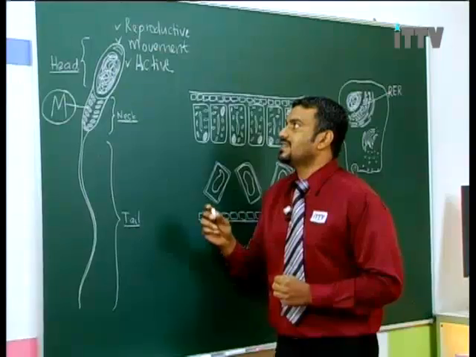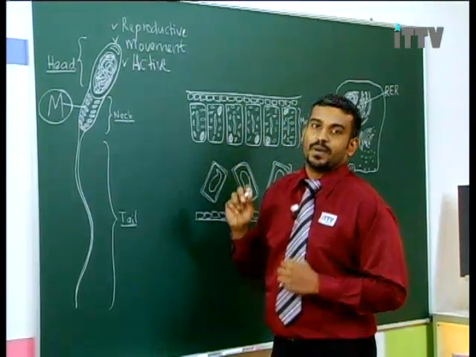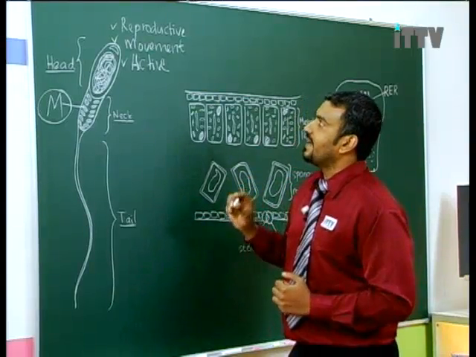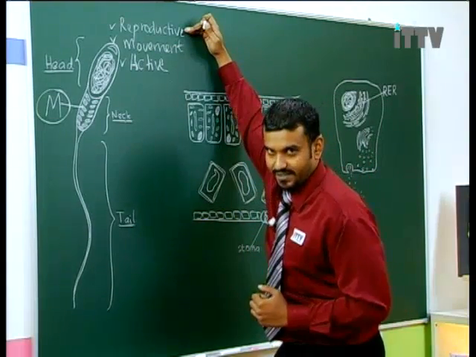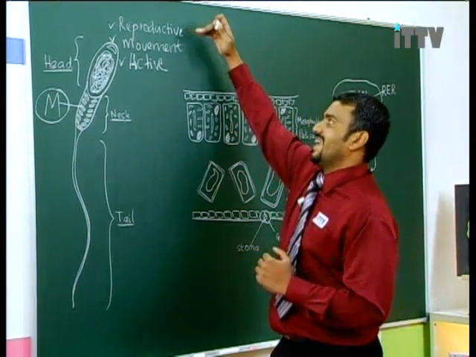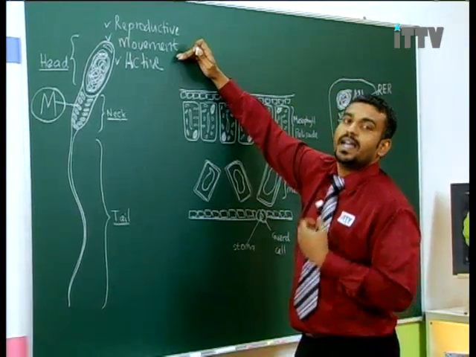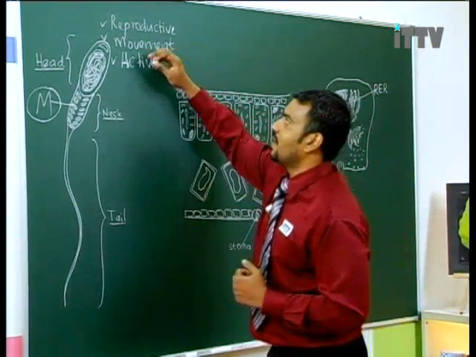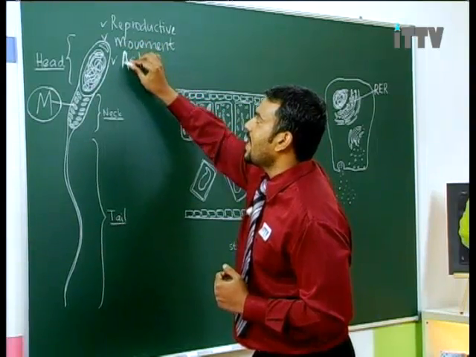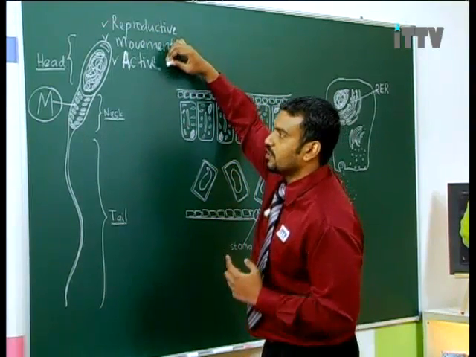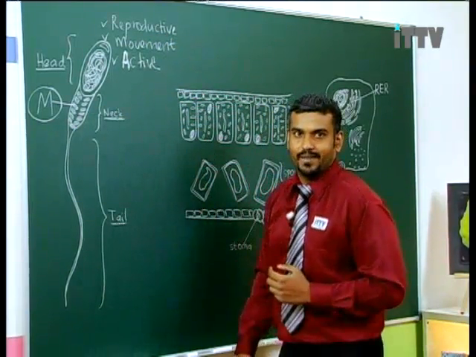Now, let's take a look at the 3 points that we have listed. We said that it's got to be a reproductive cell. We said that it can move because it has a tail, and it also requires a liquid medium to move. And we also said that it's got to be an active cell because of the amount of mitochondria found in it.